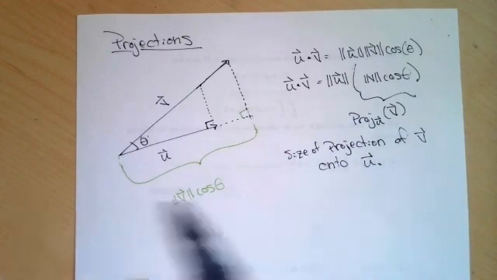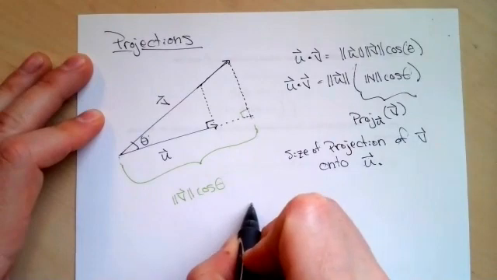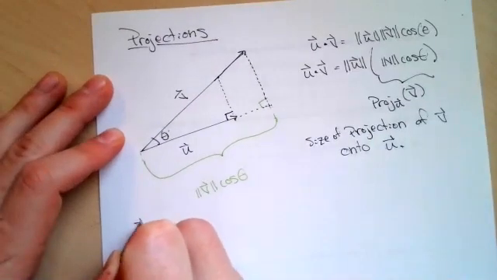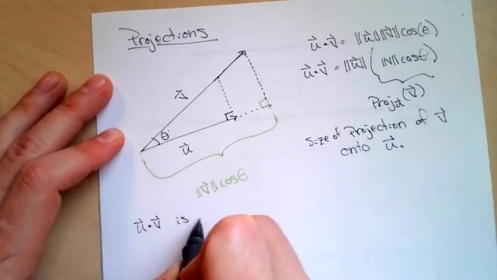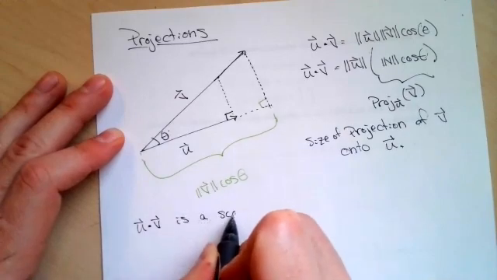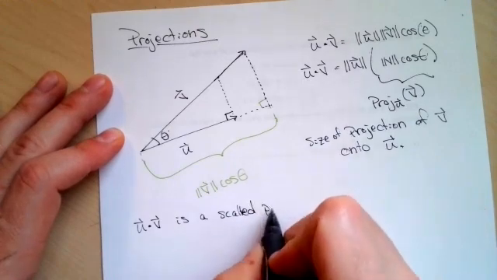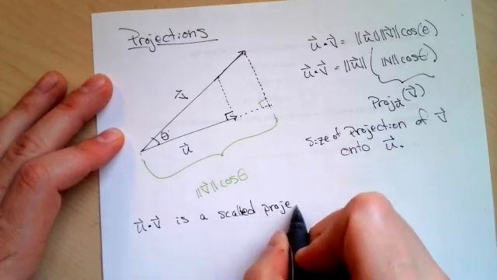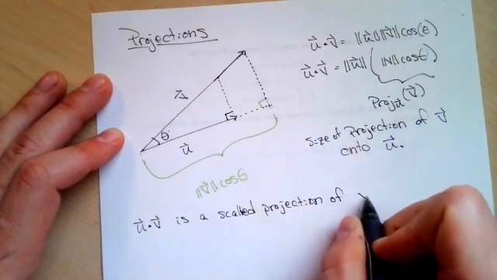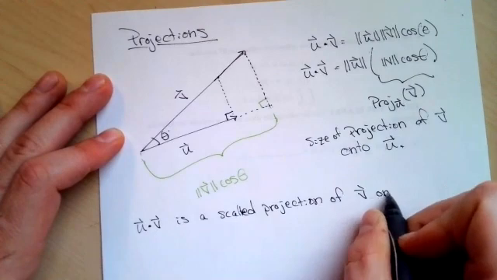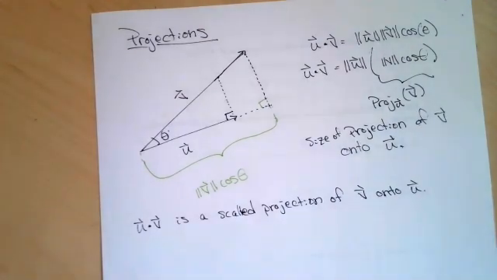So another way of interpreting u dot v is a scaled projection of v onto u, or vice versa.